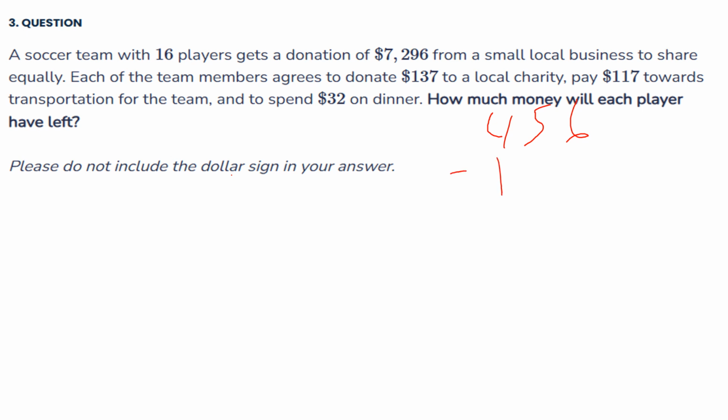So each player gets 456 minus 137 that they're going to donate to charity.